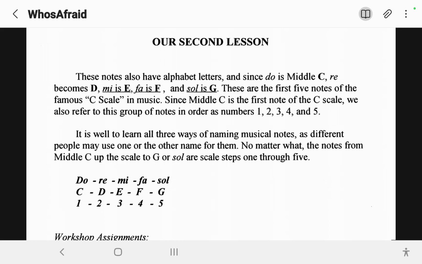These notes also have alphabetic letters, meaning do, re, mi, fa, sol, la, and ti, but primarily do to sol.